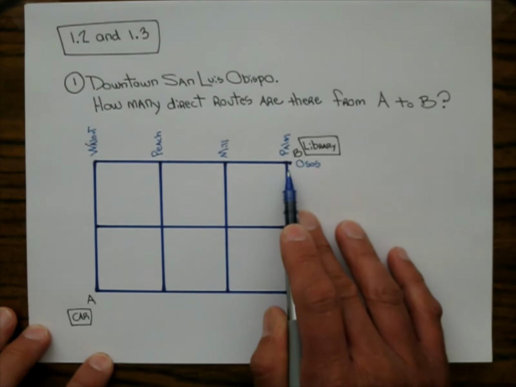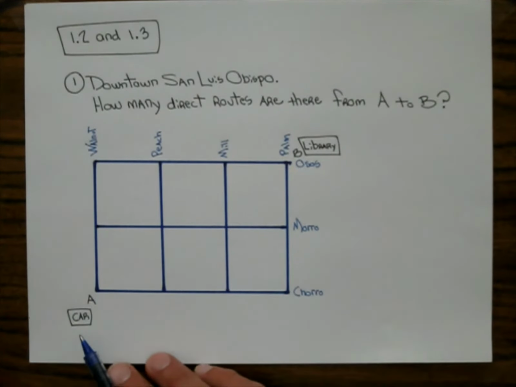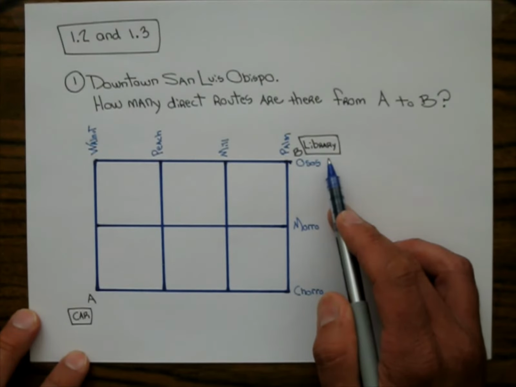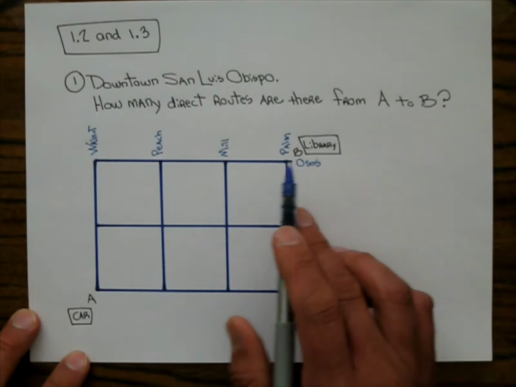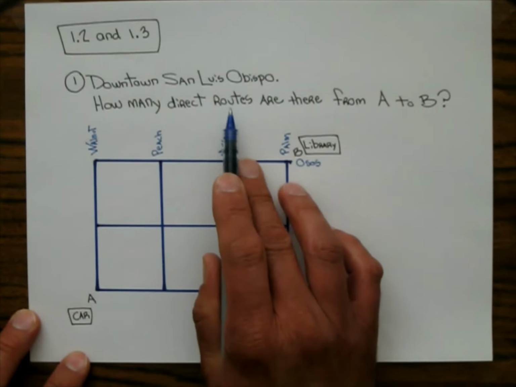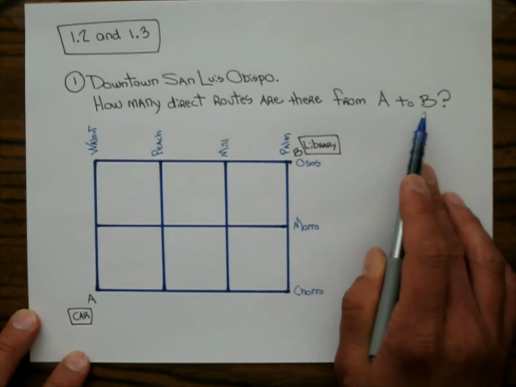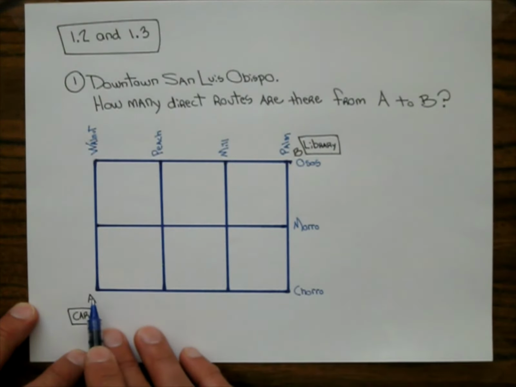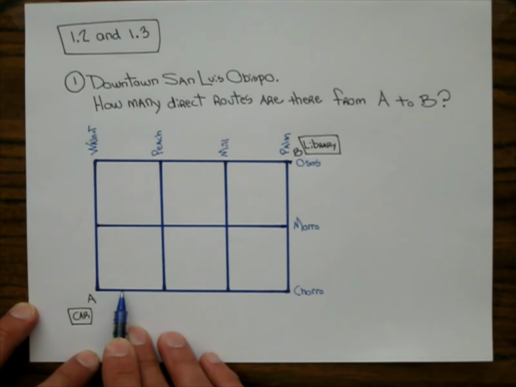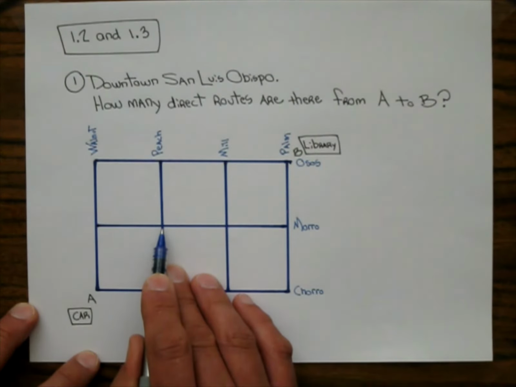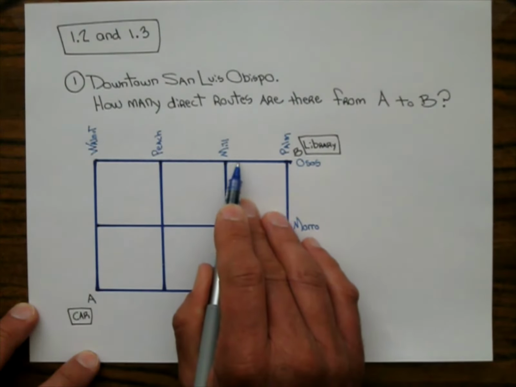Now, when you walk from the car to the library, you have some choices that you can make. And so that's kind of what they're asking. How many direct routes are there from A to B, from your car to the library? And so, a direct route goes directly. You're going to go here to the right, and then up, and then up, and to the right, and to the right.